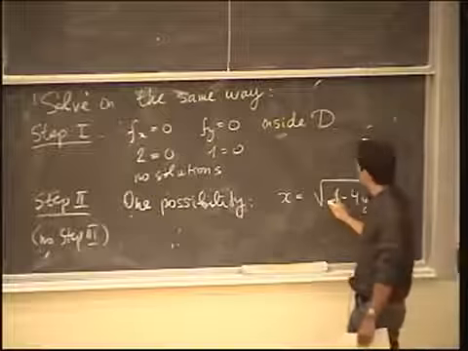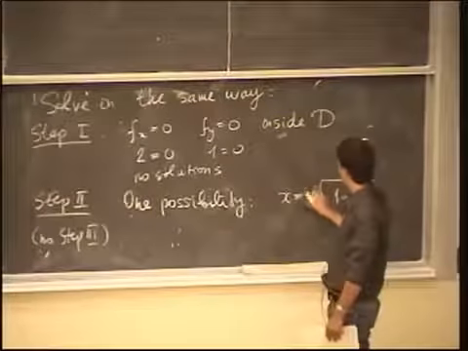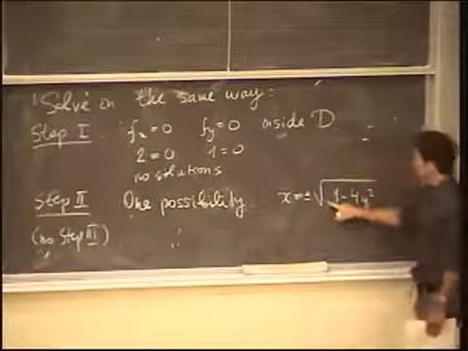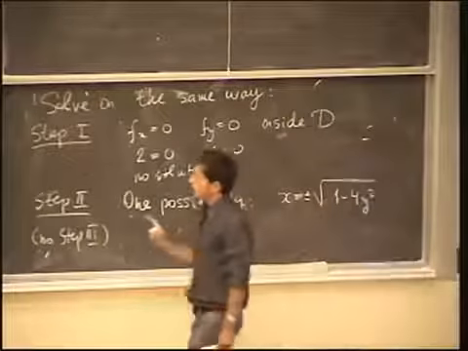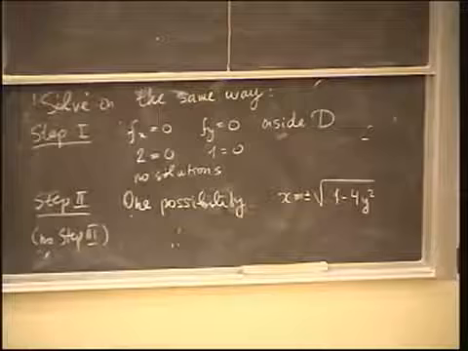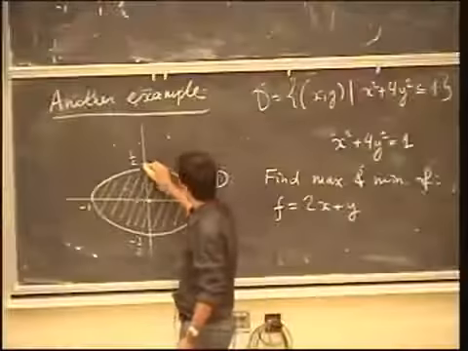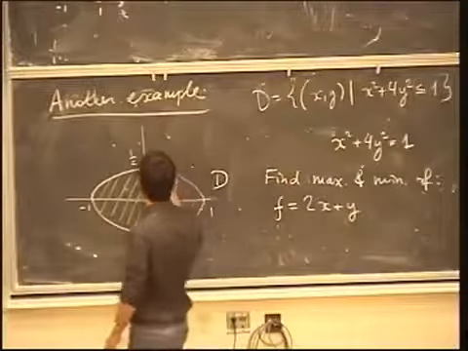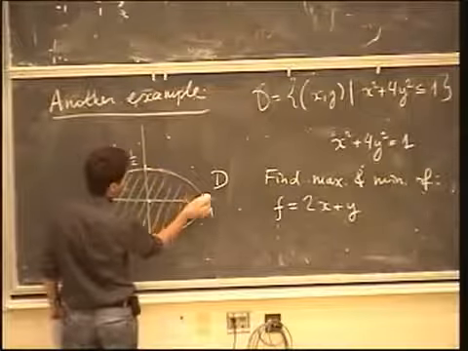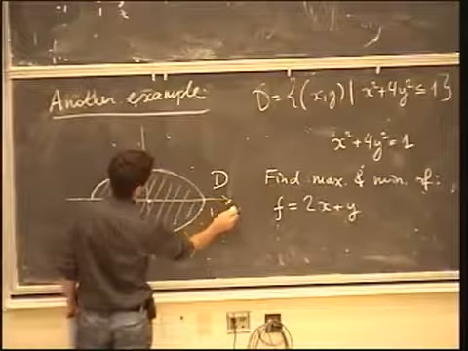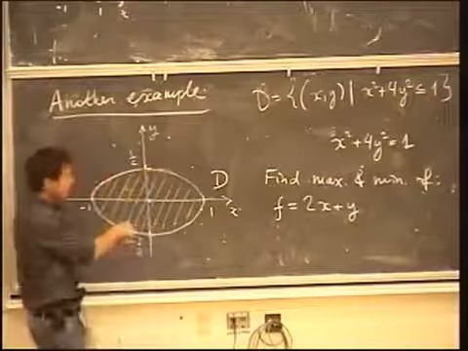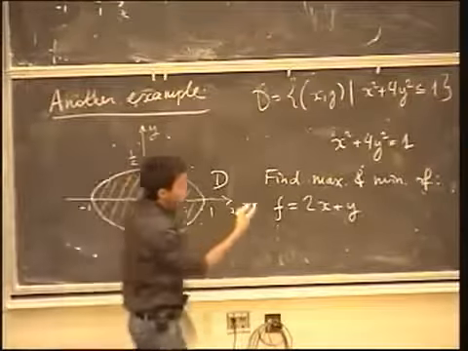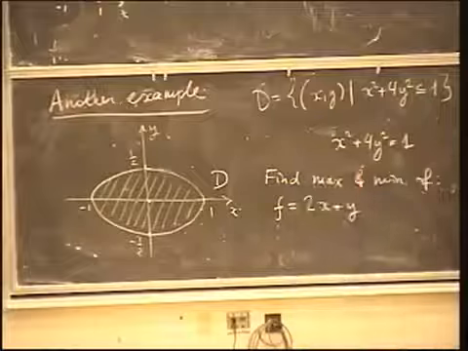We have two solutions. There is plus or minus the square root of 1 minus 4y squared. Right? So in fact, what we are doing is we're taking this very nice domain, and we are artificially cutting it here and here. And so we're breaking it into two parts. One would be where x is greater than or equal to 0. And the other one would be where x is less than or equal to 0. Right?